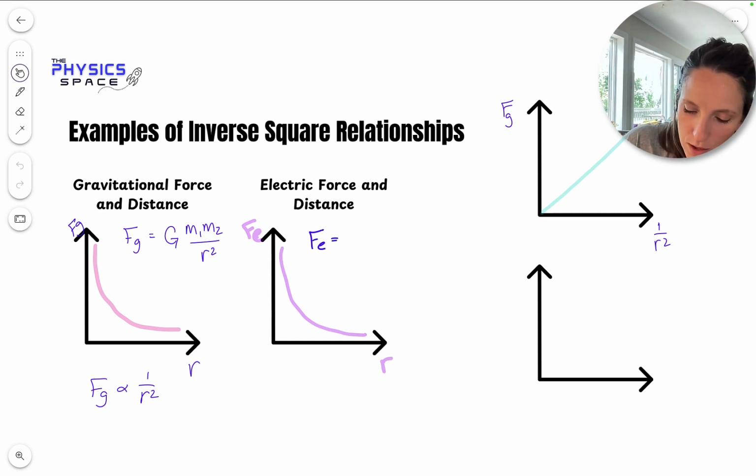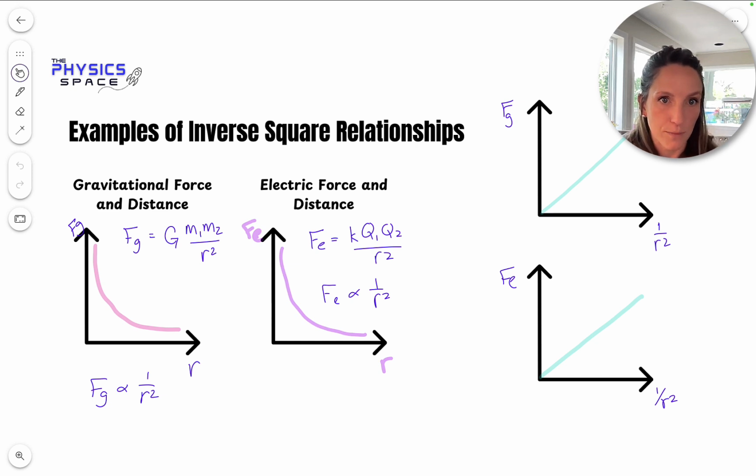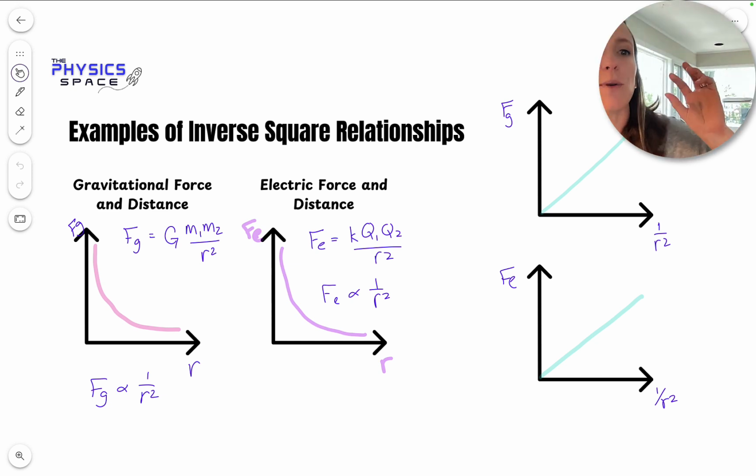So that would be Coulomb's law, k q1 q2 over r squared. Electrostatic force is proportional to 1 over r squared. So if we graph electrostatic force on our y-axis and 1 over r squared on our x-axis, we're going to get that linearized graph.